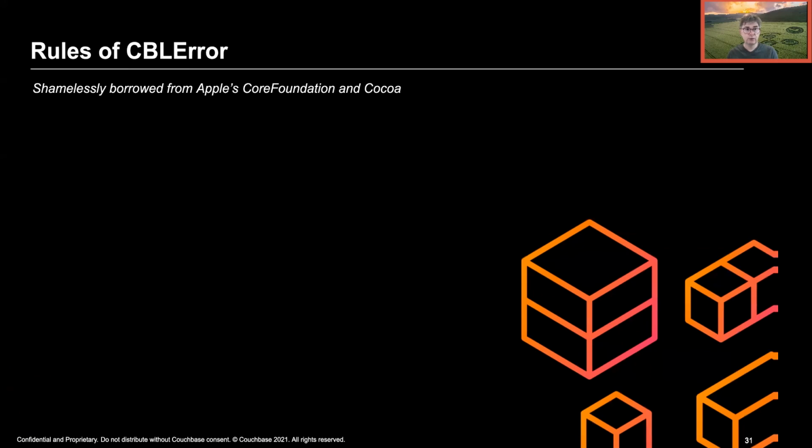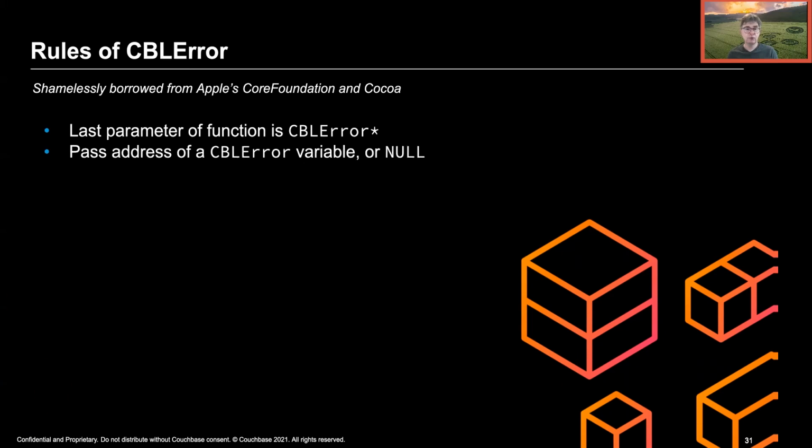These rules are used in a lot of places. We got them particularly from Apple's APIs, the Core Foundation and Cocoa. So the last parameter of the function will be a CBL error pointer. You will have a local variable that's a CBL error and pass that in. Or you can pass in null if you don't care what the specific error is.